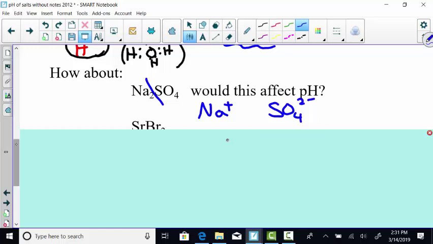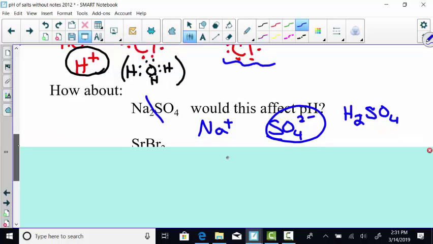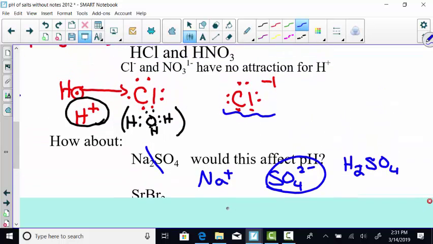When I look at the second part of this, the SO4, that is a conjugate of a strong acid, the strong acid being Na2SO4. So that conjugate's basically going to have the same issues. This sulfate is going to have the same issues as that chlorine.